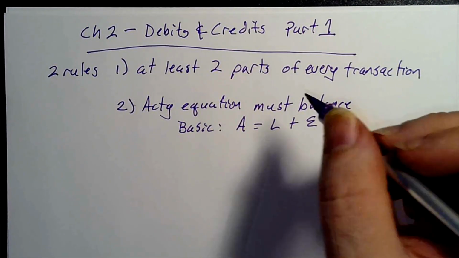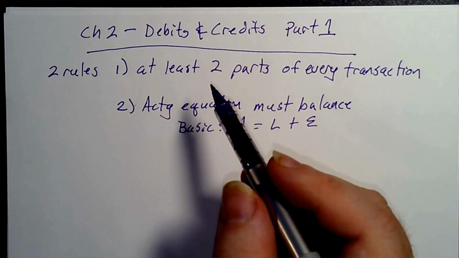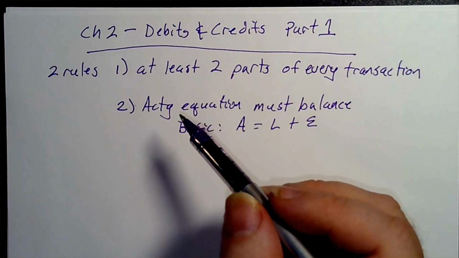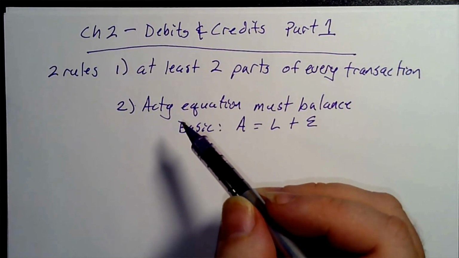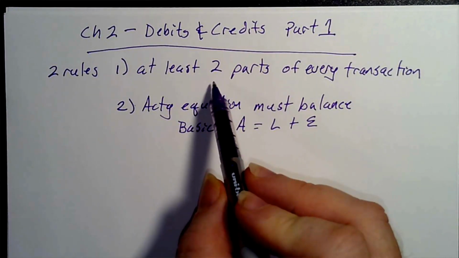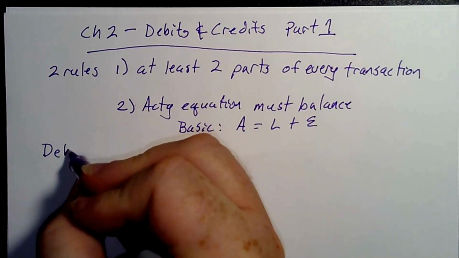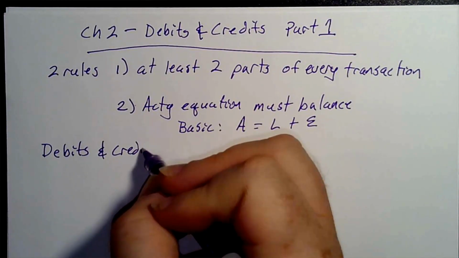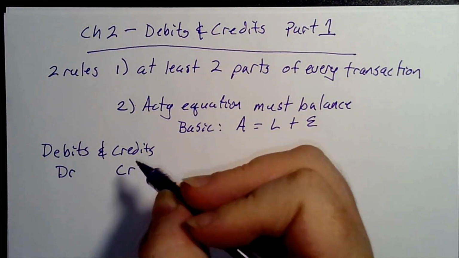Now, we are talking about debits and credits, and this is going to allow us to take the next step in looking at business transactions. We looked at a little bit in chapter 1, but we're going to take it to the next step. Now, notice that we have here two parts of every transaction: debits and credits, and we're going to abbreviate those DR and CR.